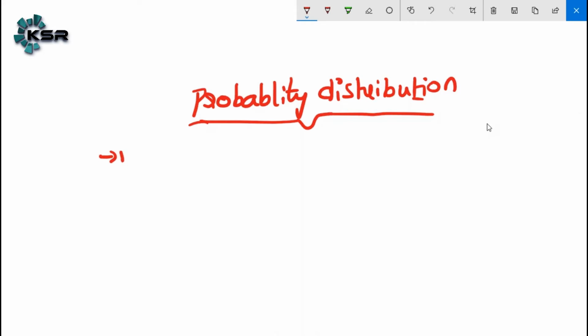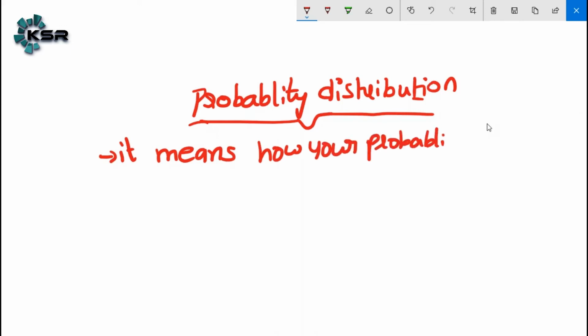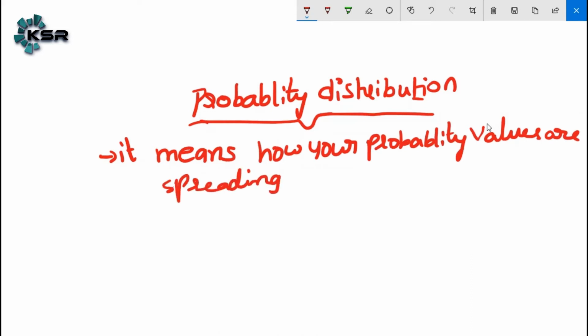Probability distribution means how your probability values are spreading in the surface.